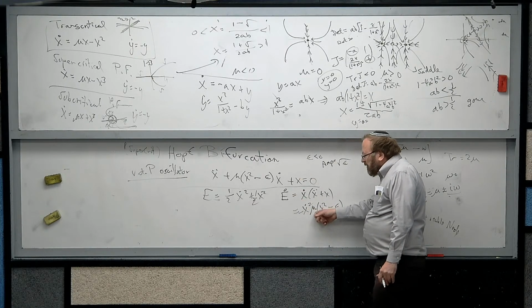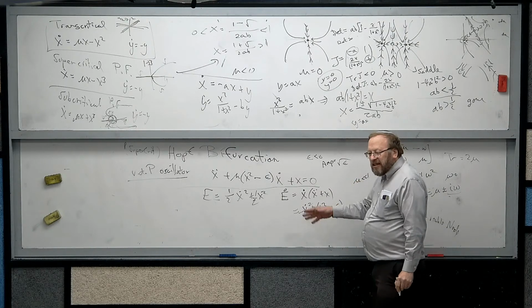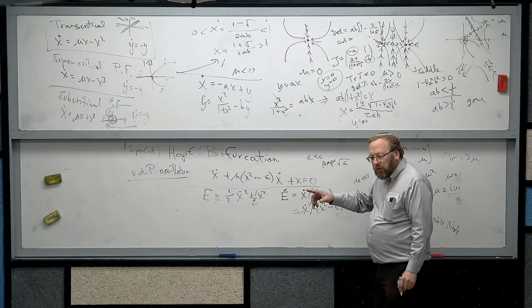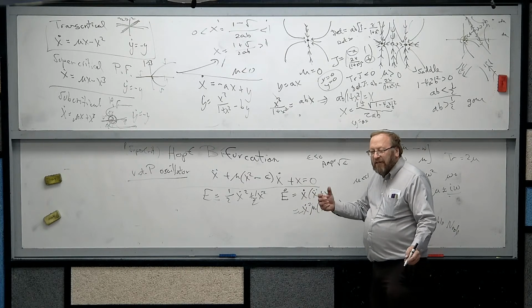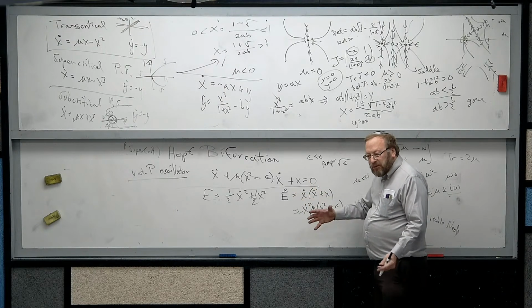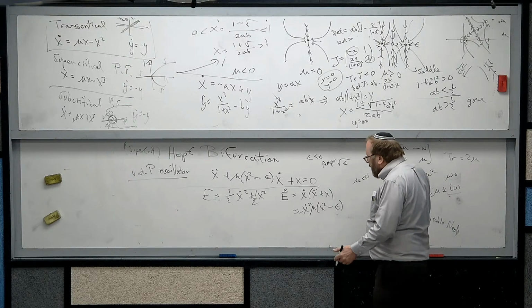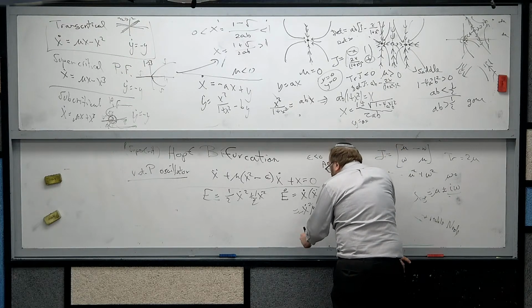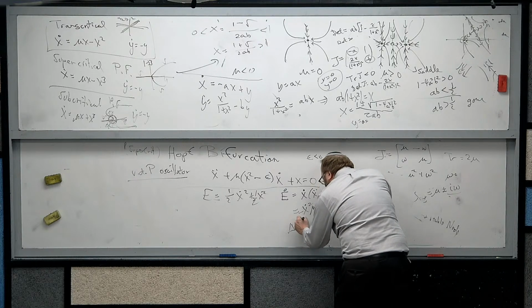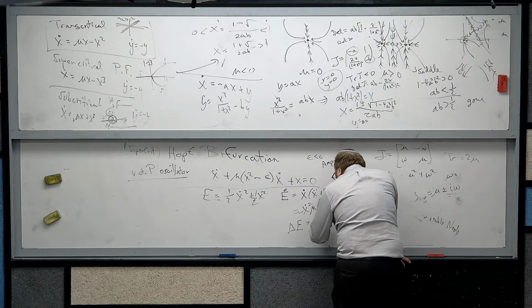So if mu is very small, then the change in the structure of the orbit over one cycle is infinitesimal, because the amount of energy you're losing is infinitesimal, so the amplitude is going to shrink by a tiny, tiny bit.